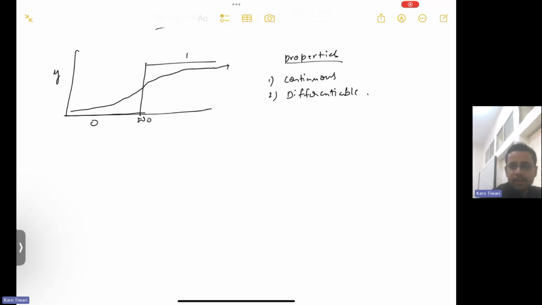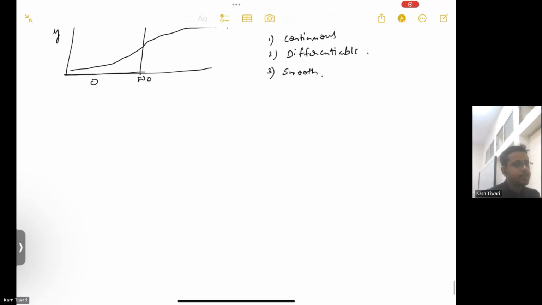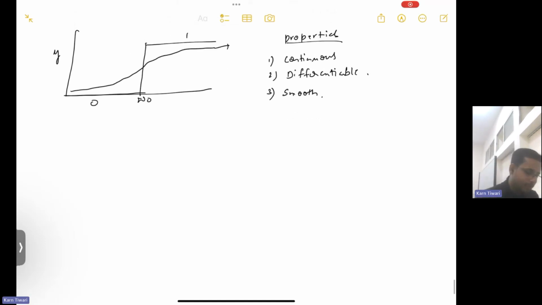We want the function to be continuous, differentiable, smooth. This is what we want. But the question now arises: how can we get this kind of a functional form?